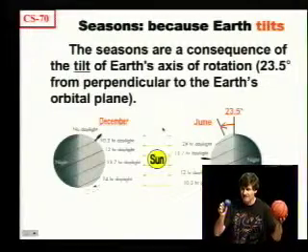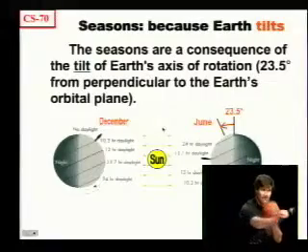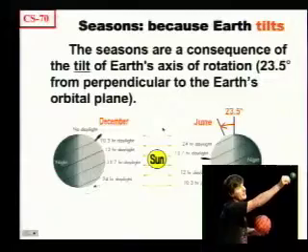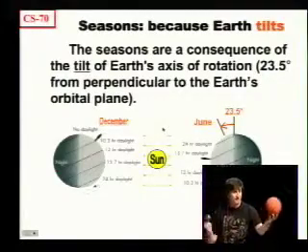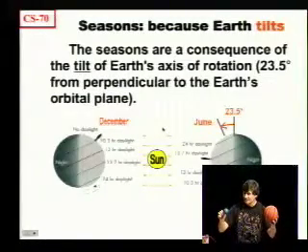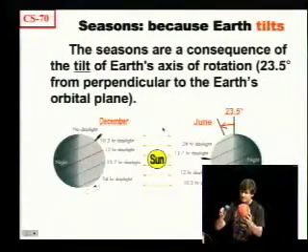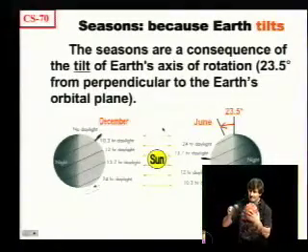So as I move the Earth over to here, I have to maintain the same tilt, that is the same orientation relative to some absolute space. Not necessarily relative to the sun, but relative to the stars up in the sky. So here we are, let's say in summer, where the northern hemisphere is basically tilted toward the sun. It's not that the northern hemisphere is significantly closer to the sun.